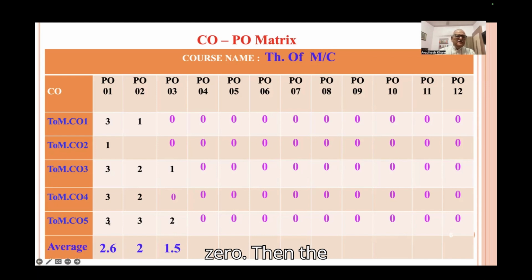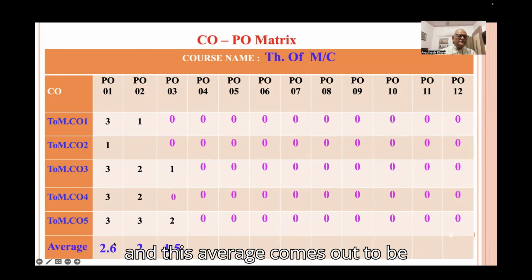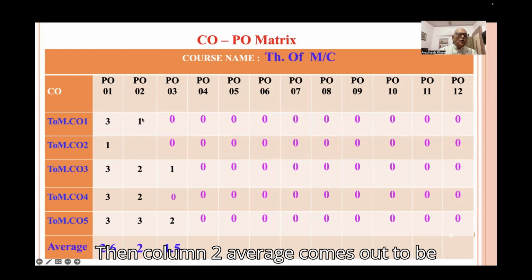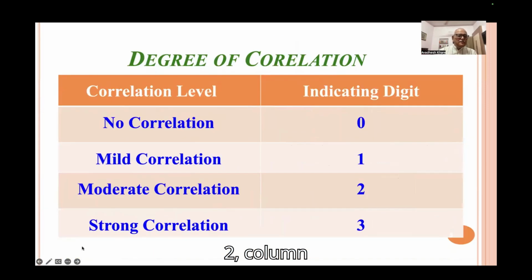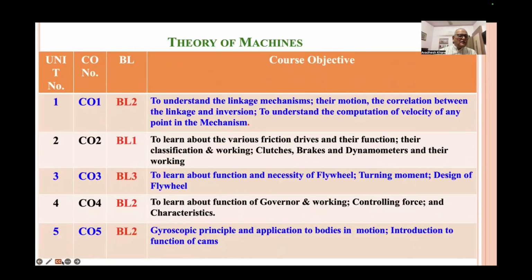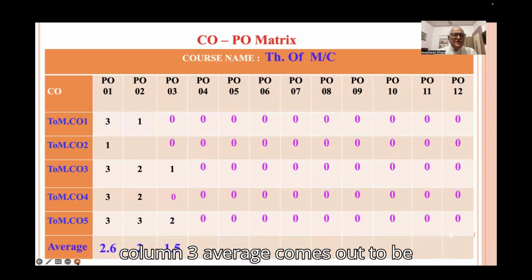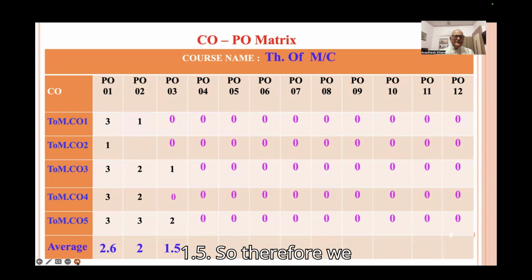Then we calculate the column 1 average: 3, 1, 3, 3, 3, and this average comes out to be 2.6. Then the column 2 average comes out to be 2, and the column 3 average comes out to be 1.5.